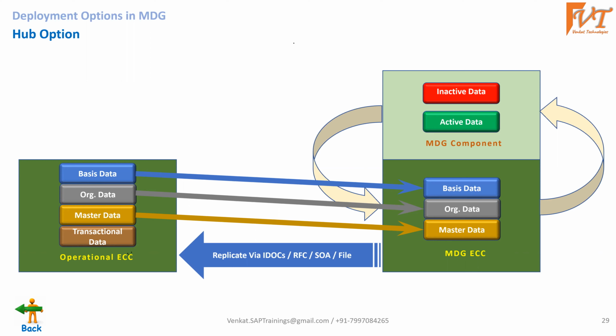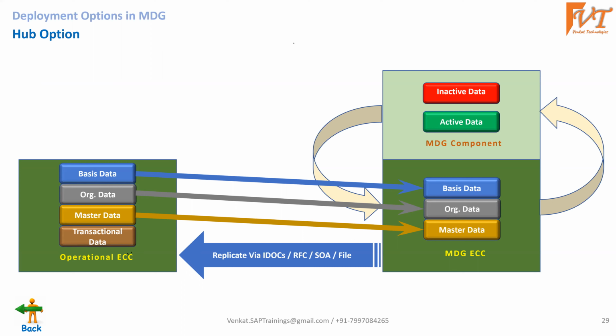They don't want to maintain master data separately for each plant. They want to have a central system. They have the central MDG system implemented, and they will be connecting all the plants across the country, across their business, to this central system. So that is one of the use cases where a client can go with the hub option.